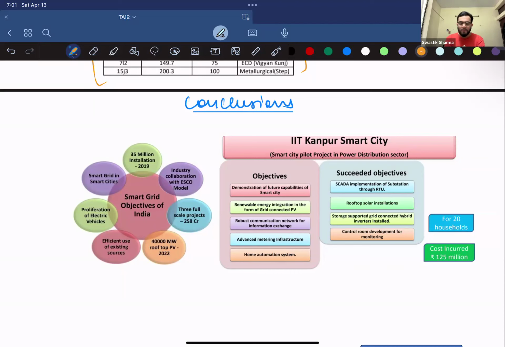Earlier, they used to be RTUs, these remote telemetry units. Now we have replaced them with phasor measurement units. Why is that? Because we want things to be monitored in a better way.